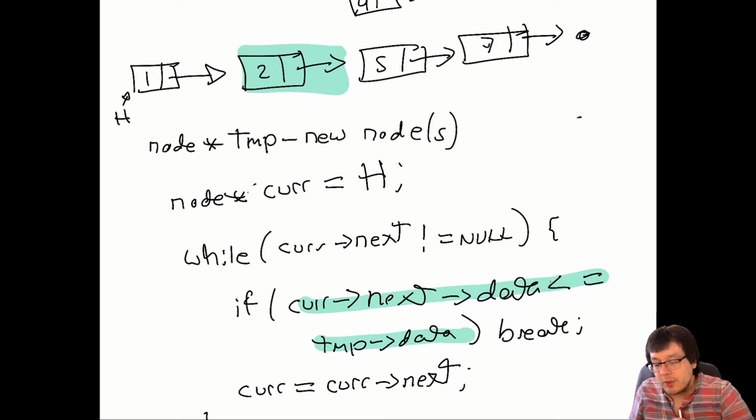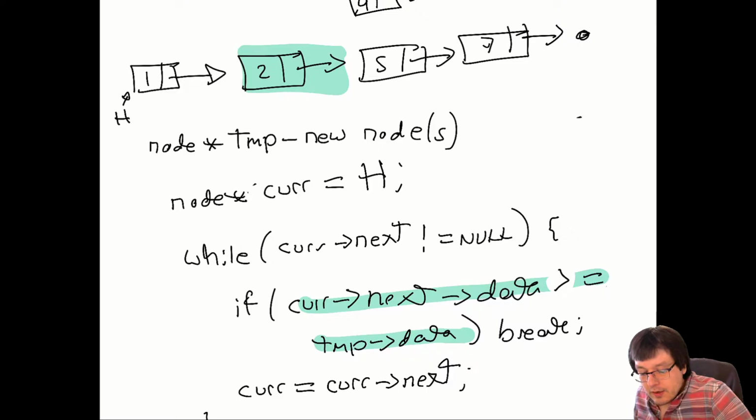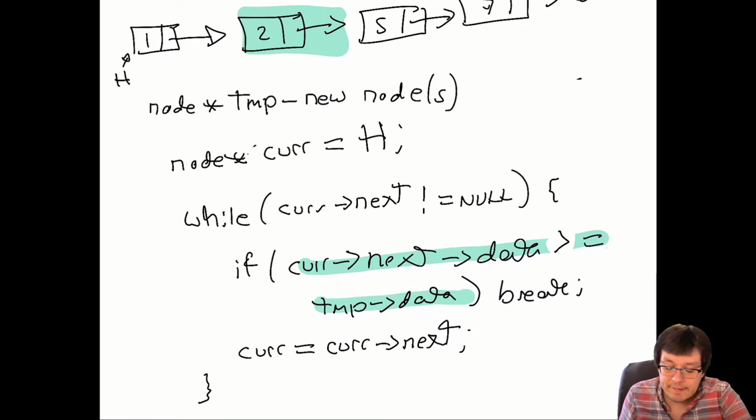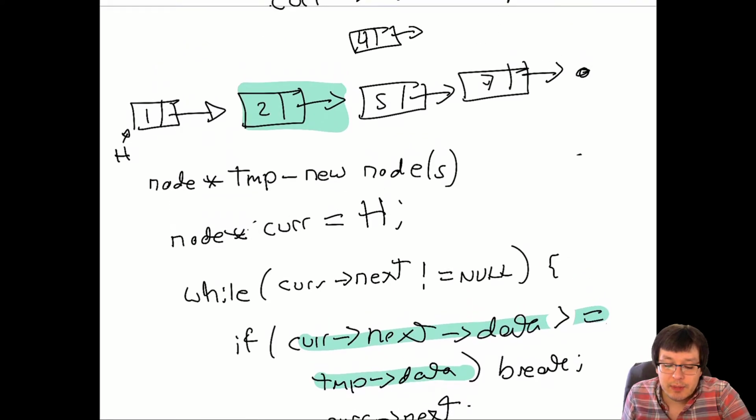Because if that number is smaller, then that means that I need to go after it. Oh, no. The cur next data is bigger. Yeah, bigger. It has to be bigger. So let me flip the logic there. Greater than or equal to. What I'm trying to do with this is I'm trying to say that the next number is bigger than 4. That means that it has to go before it, right?